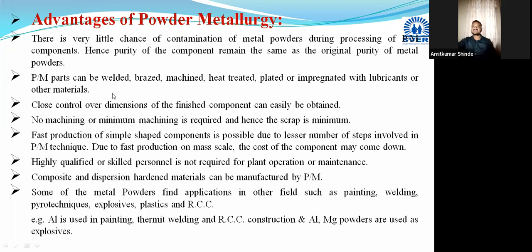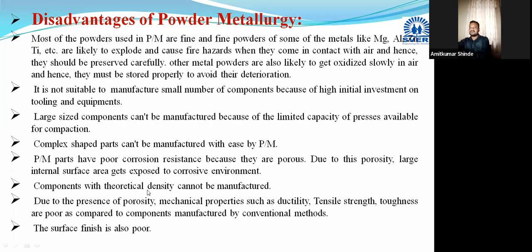Then there are some disadvantages also that we will discuss. Now, as the last advantage I discussed, different fine metal powders can be manufactured, like aluminum, magnesium, then titanium. Titanium can also be manufactured, but these metal powders may explode if they are not protected.